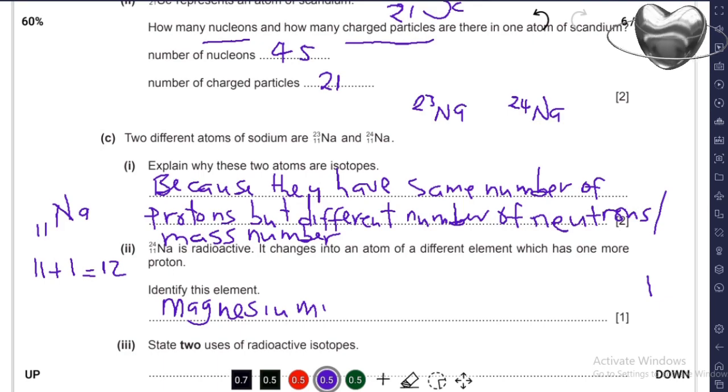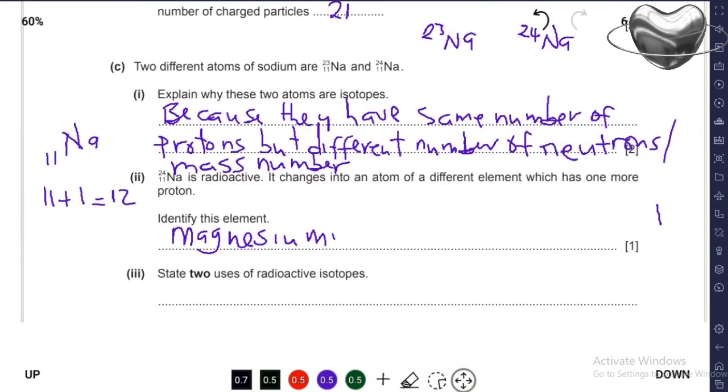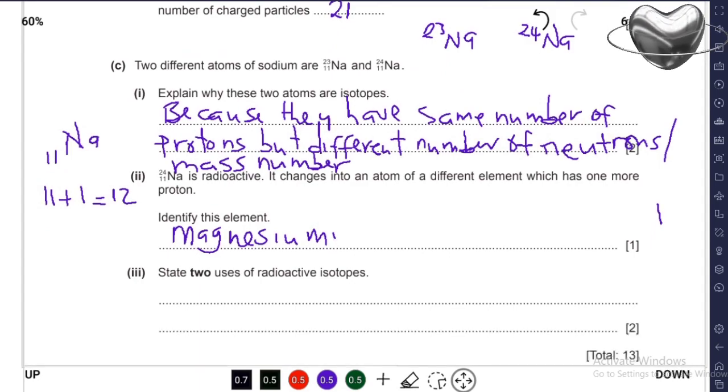Okay, moving forward. State 2 uses of radioactive isotopes. We have a lot of uses of radioactive isotopes.